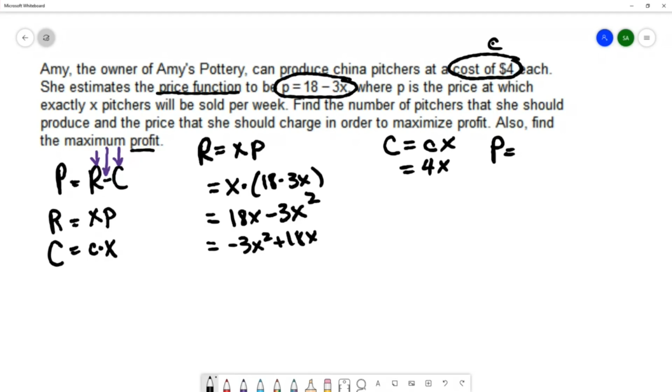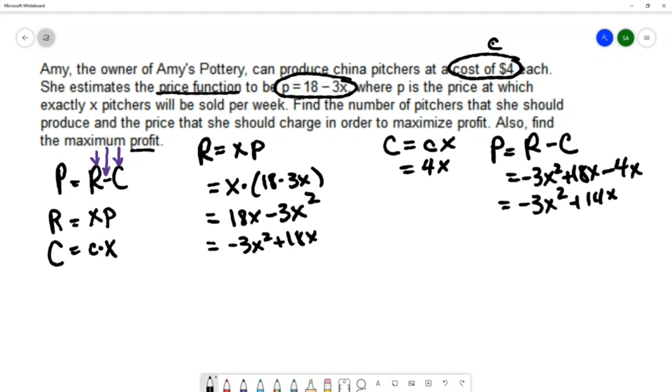So profit is revenue minus cost. We have a revenue of negative 3x squared plus 18x minus a cost of 4x. So that's negative 3x squared, and we'll combine those like terms. 18x minus 4x is 14x. So we have our profit function.